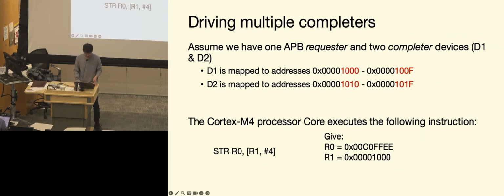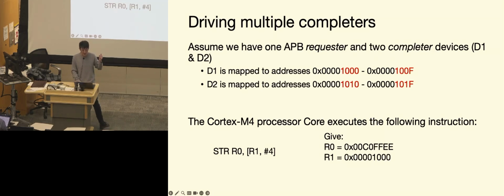Nice. So now let's assume just another example, but instead of doing the whole figure thing, we do a bit more on the actual address and values. Assume we have one requester and two completer devices, D1 and D2.